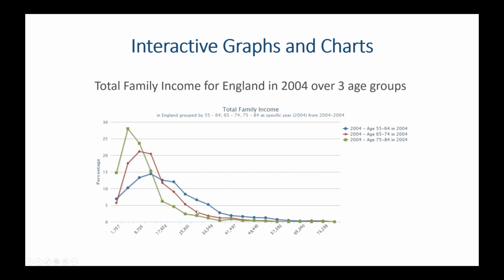And so you can see the distribution of income changes for these different age groups, which is what you would expect as people move from before retirement, which we would assume to be more income or wage-based income, into retirement, when your income distribution would look different.